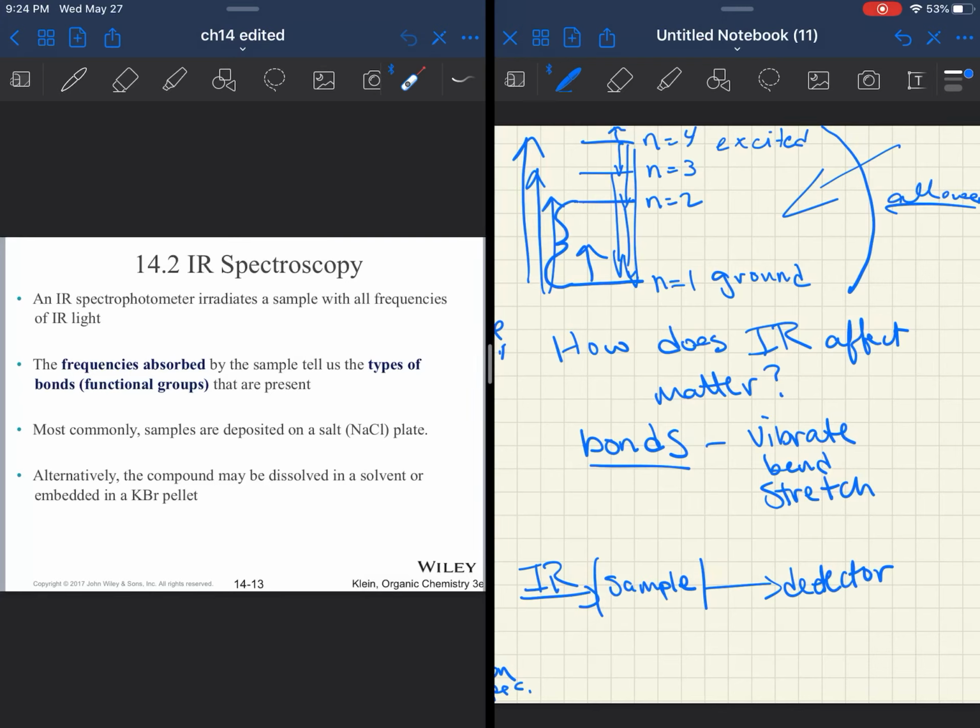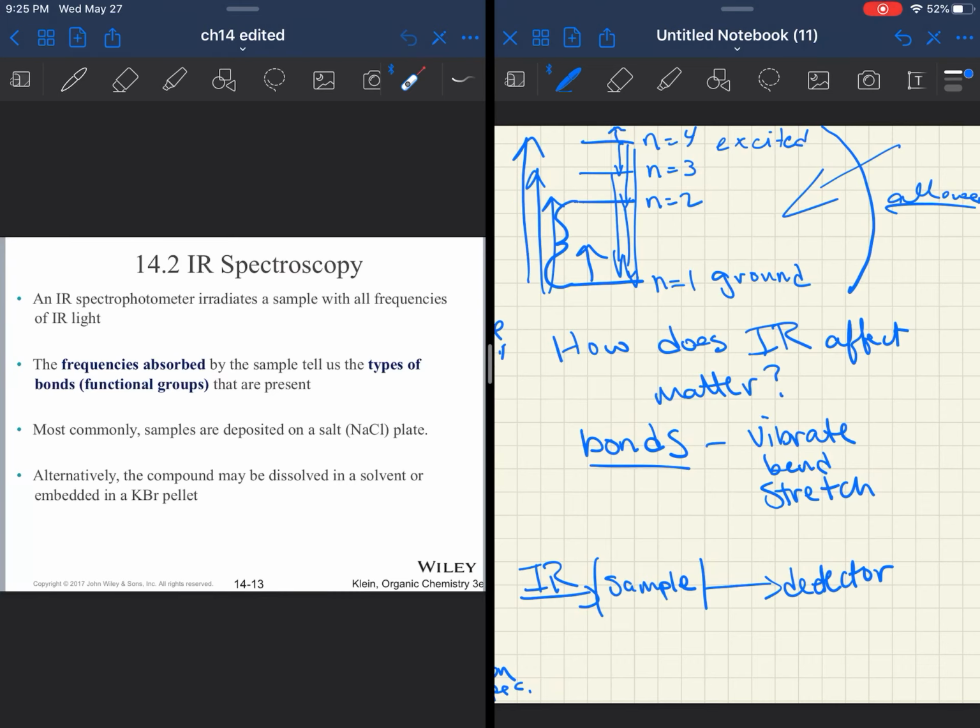Now, if you've been at Blinn, our IR setup is so easy. You can put a solid or a liquid directly onto the instrument and cover it with a little probe and run your experiment.